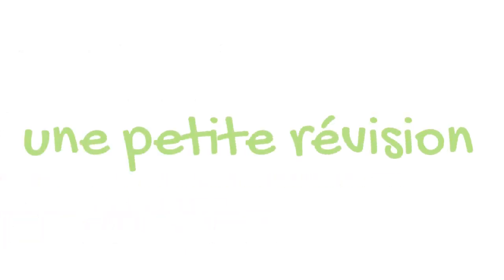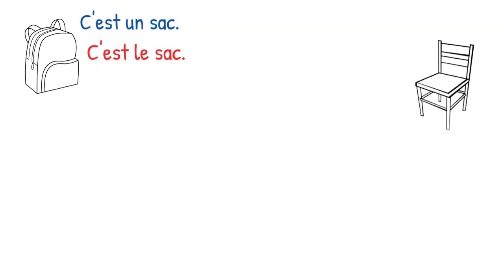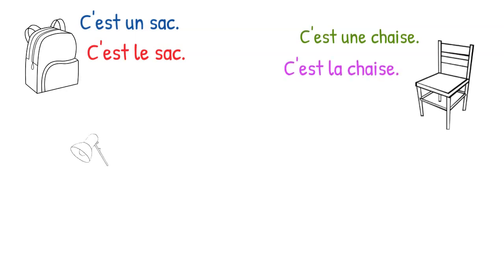Now let's do a small revision. Bag. C'est un sac. This is a bag. Say le sac. This is the bag. Definite. For example, this is the bag that I was talking about. So definite. You're particularly referring to it. Now here we have a chair. C'est une chaise.